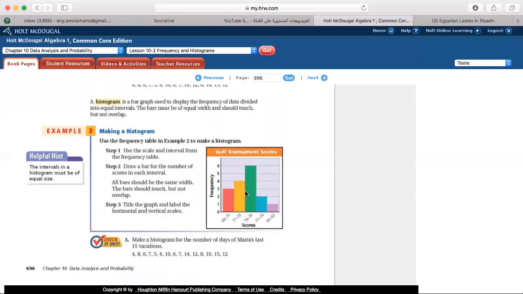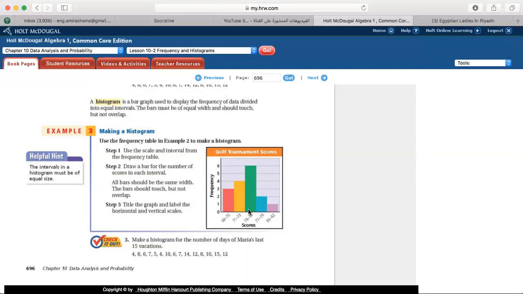And I will draw bars, but the bars should be touching each other, not overlapping. Also, the width of each bar should be equal to the other bars. No bar is thinner than the other and no bar is thicker than the other.